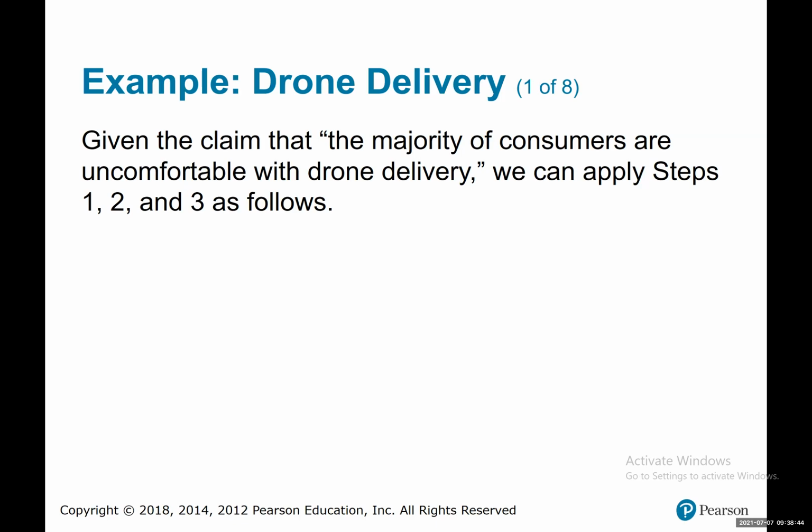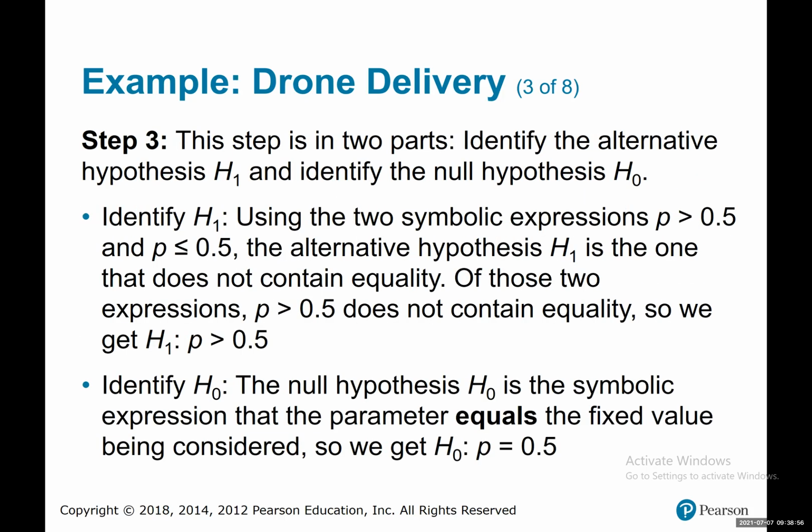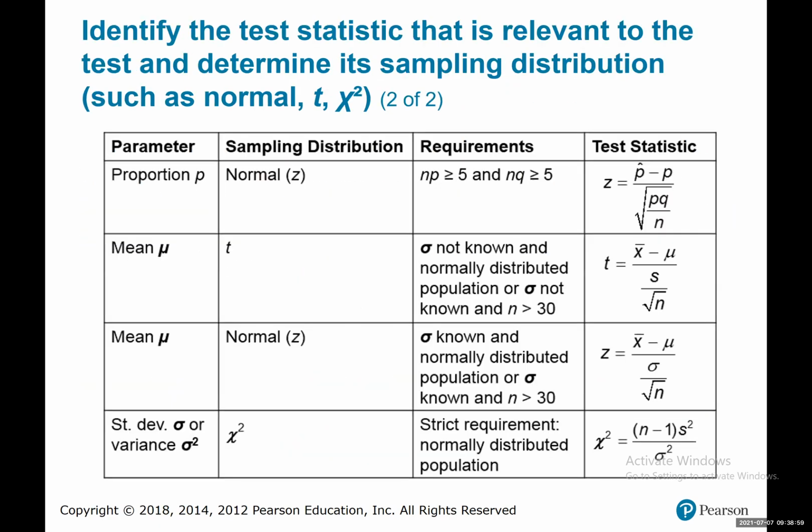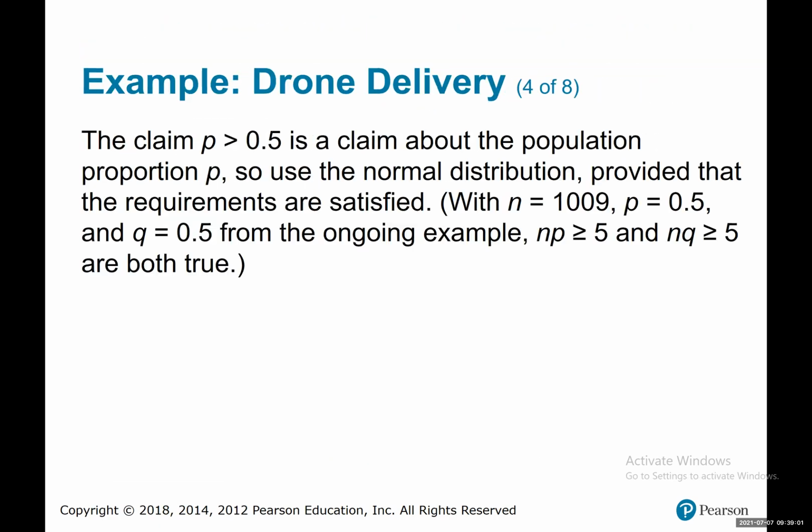Given the majority of consumers are uncomfortable with drone deliveries, imagine that problem was given and I was going to write the steps. I'm going to write that on OneNote.